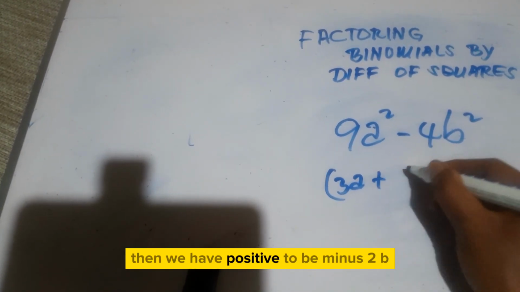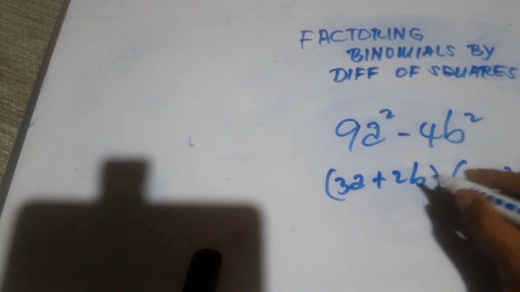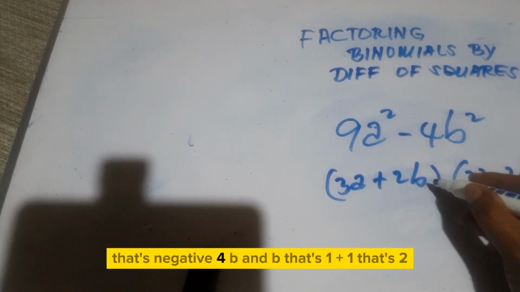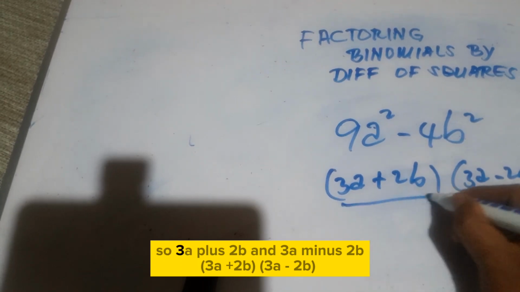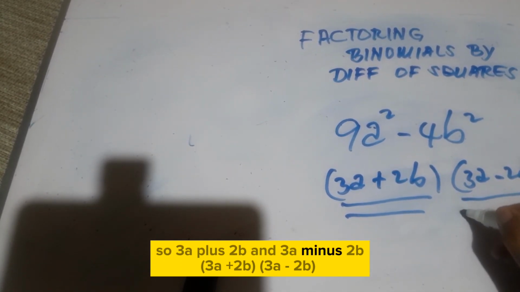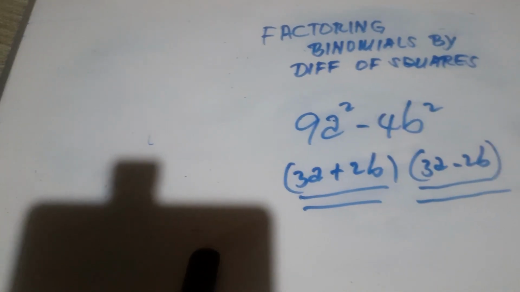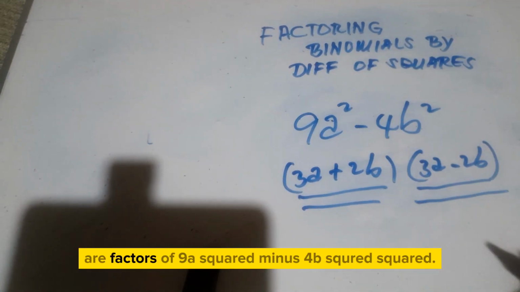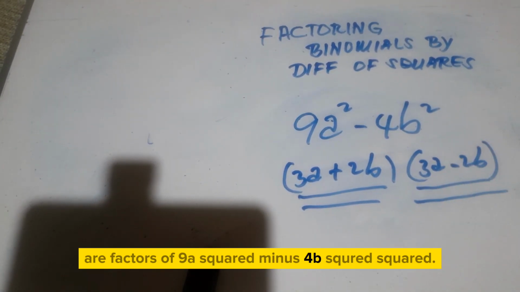Then we have positive 2b minus 2b, because positive 2 times negative 2 is negative 4, b and b, that's 1 plus 1, that's 2. So 3a plus 2b and 3a minus 2b are factors of 9a squared minus 4b squared.